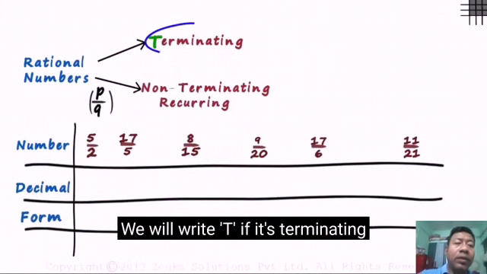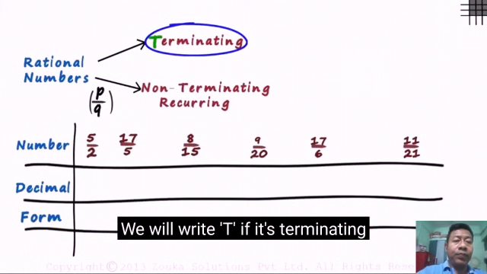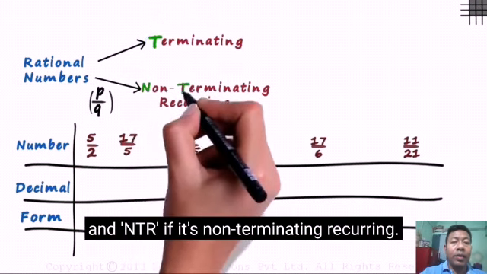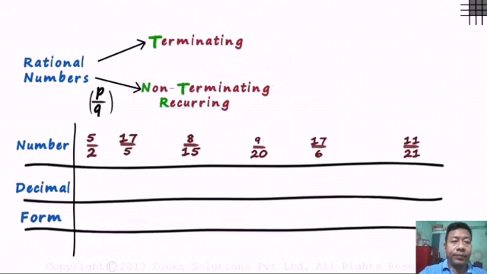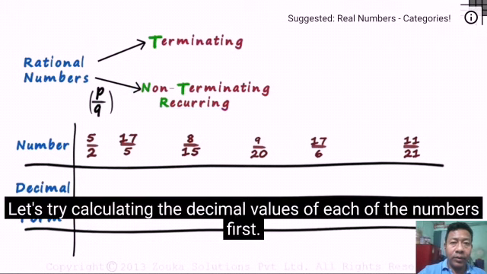We will write T if it is terminating, and NTR if it is non-terminating recurring. Let's try calculating the decimal value of each of the numbers first.